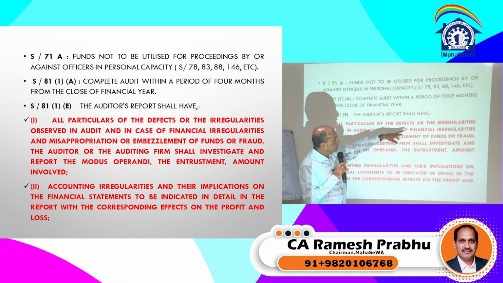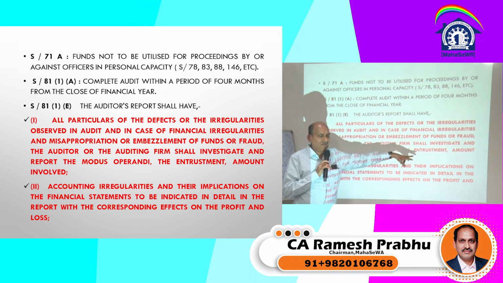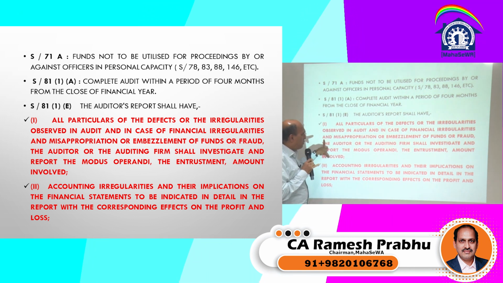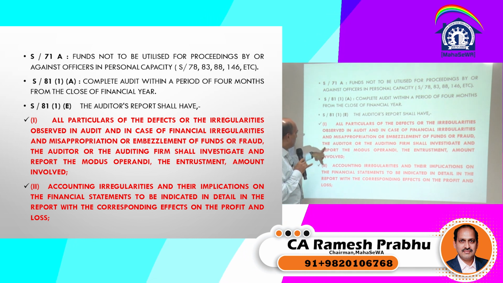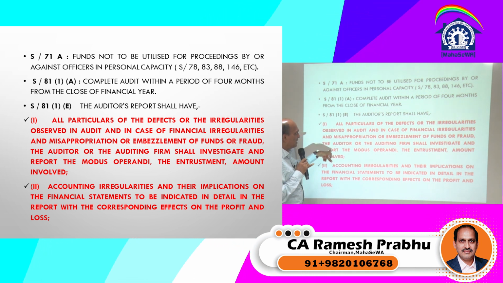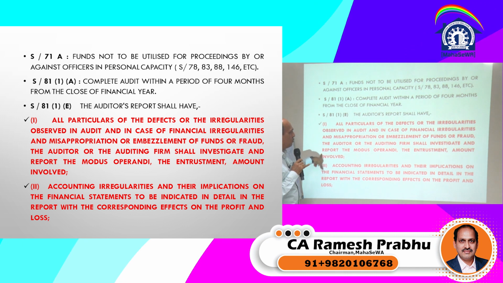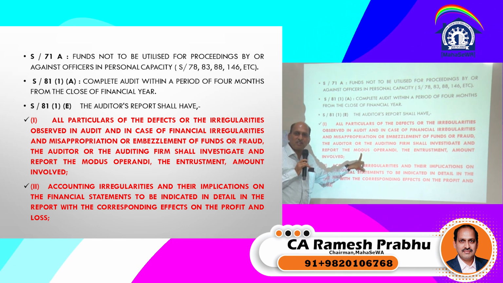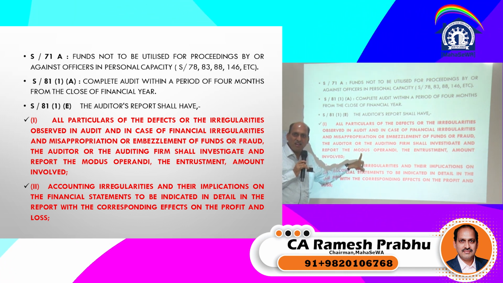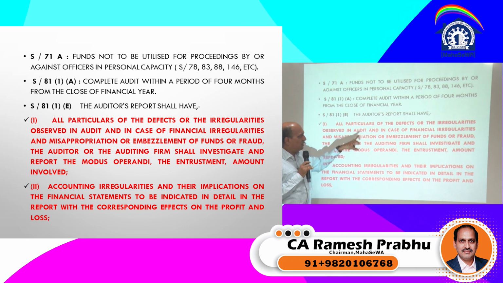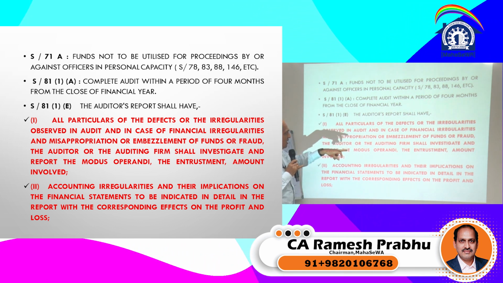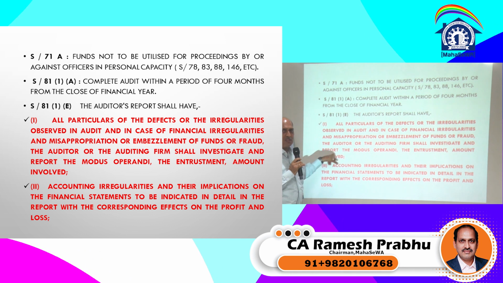So there is a difference between financial irregularity and a fraud. So misappropriation, embezzlement of funds or fraud, the auditor or the auditing firm shall investigate and report the modus operandi, how the fraud has been committed, what type of irregularity has been committed, everything has to be reported, the entrustment and the amount involved.